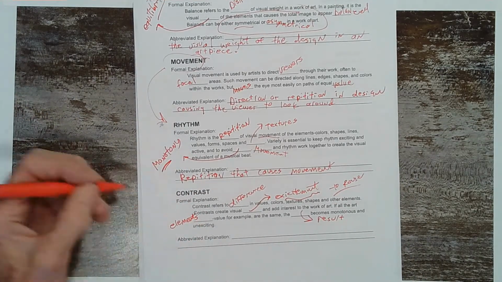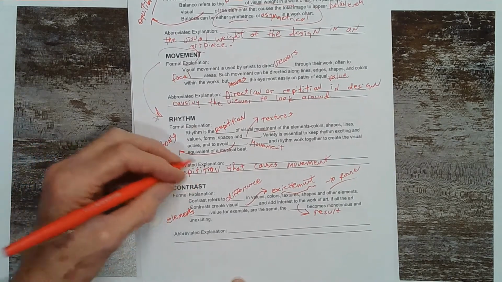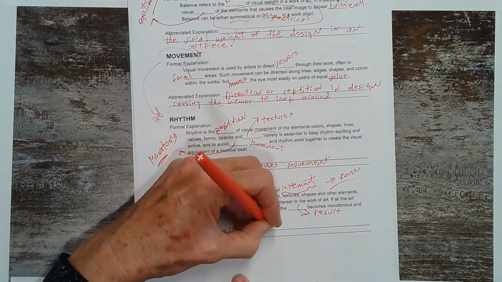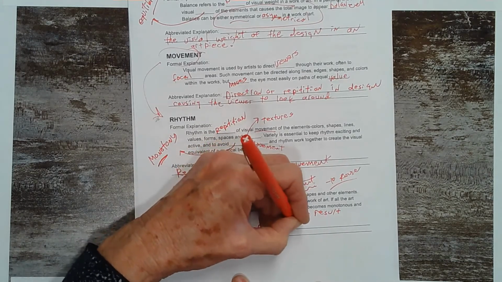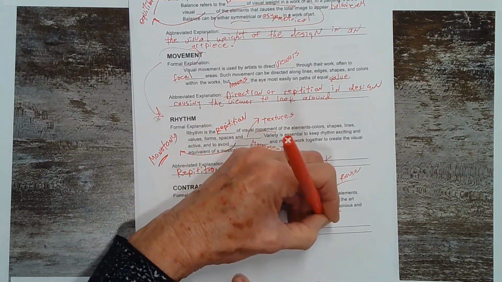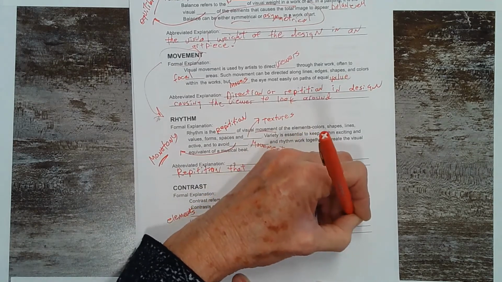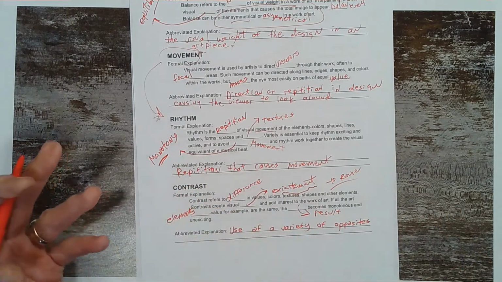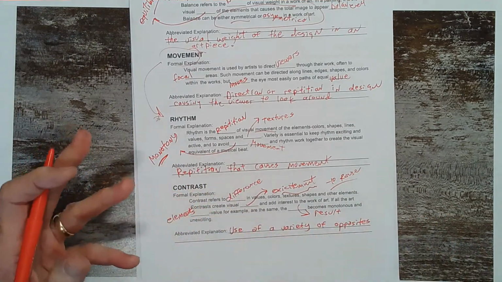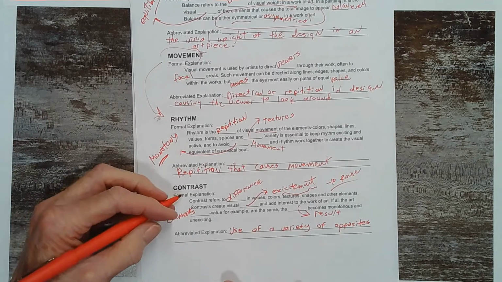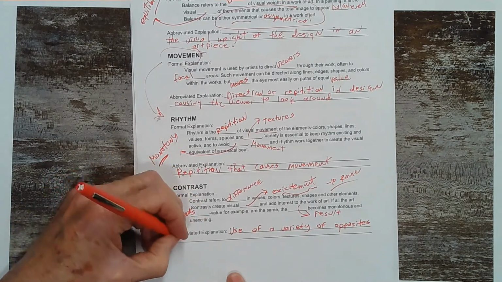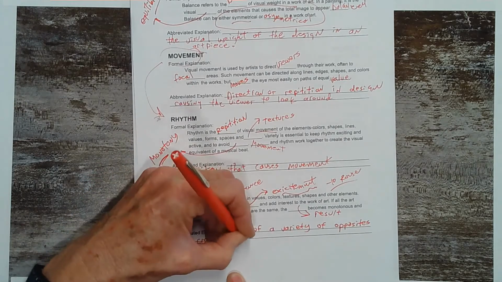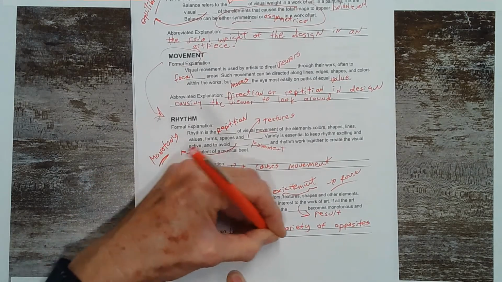So for an explanation, abbreviated, use of a variety of opposites. There's lots of ways to do this, of opposites: large, small, dark, light, cold, warm, smooth, textured, all kinds of opposites, to create dynamic areas.